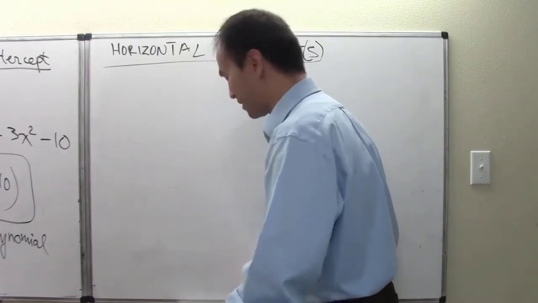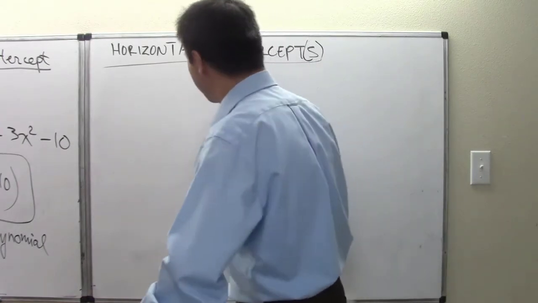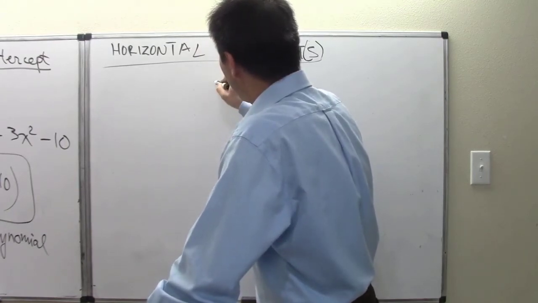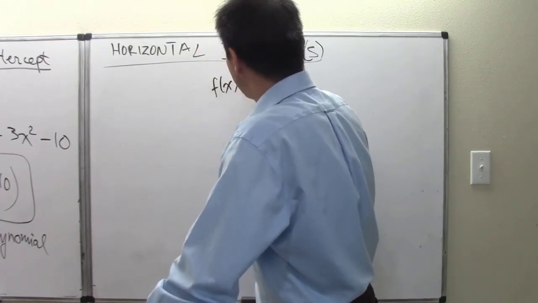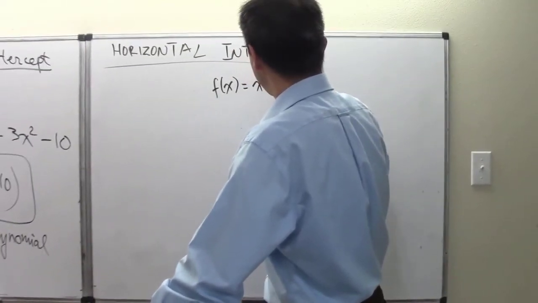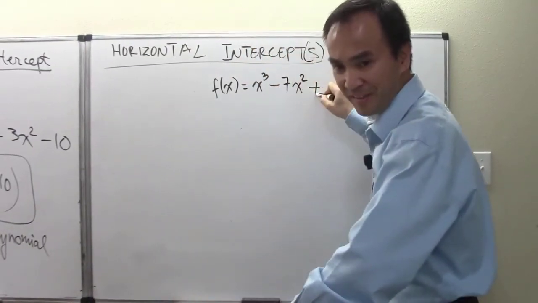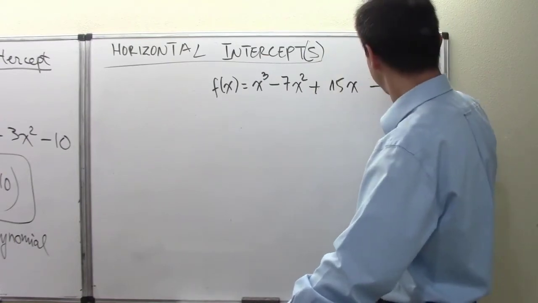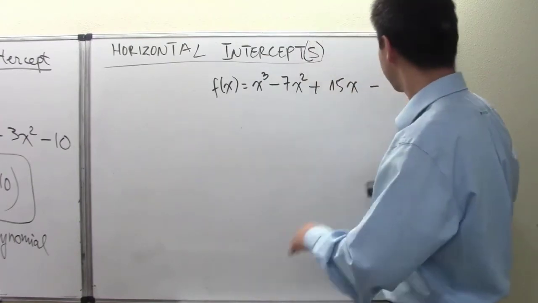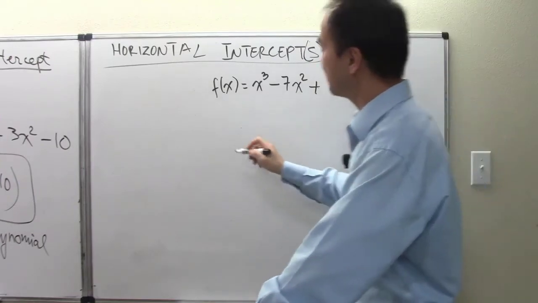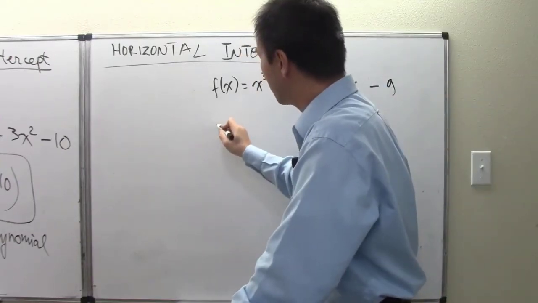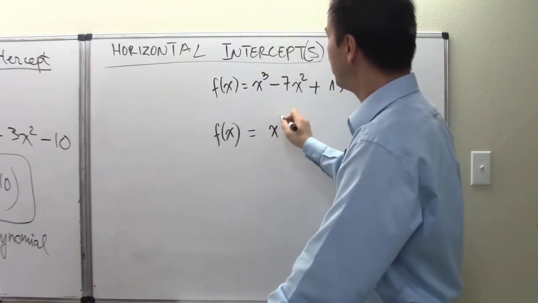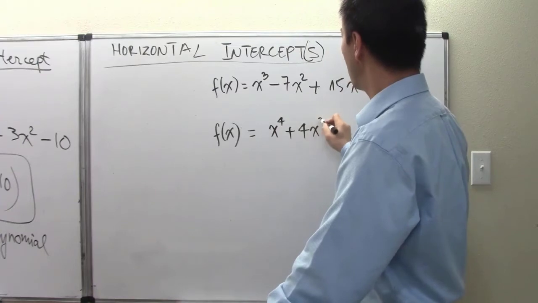All right, so again, allow me to bring up the two little functions that I brought up as demonstrations. One of them was f of x equals x cubed minus 7x squared plus 15x minus 9. And this other function I brought up, we can also say with the same name, f of x equals x to the 4th plus 4x squared plus 5.